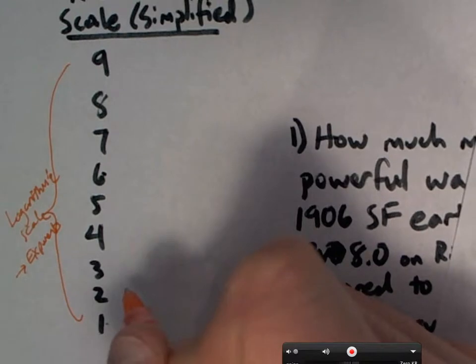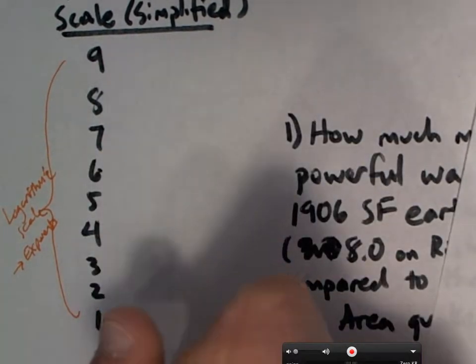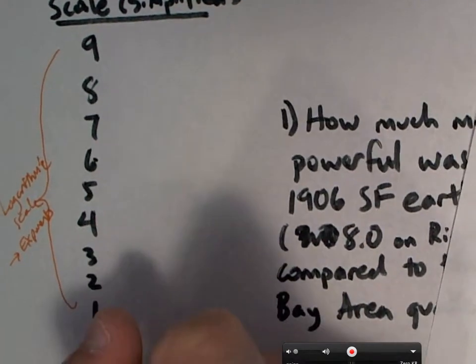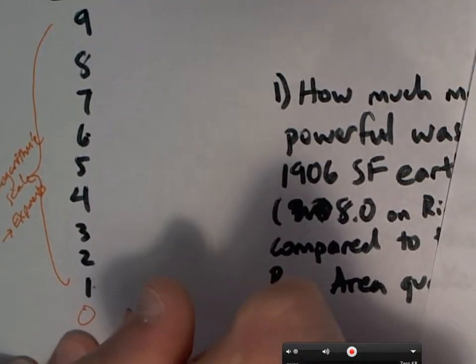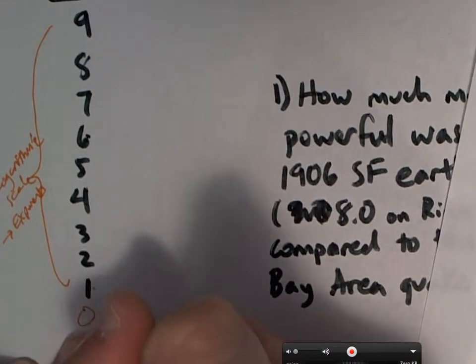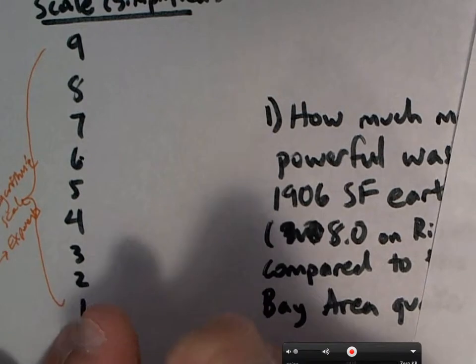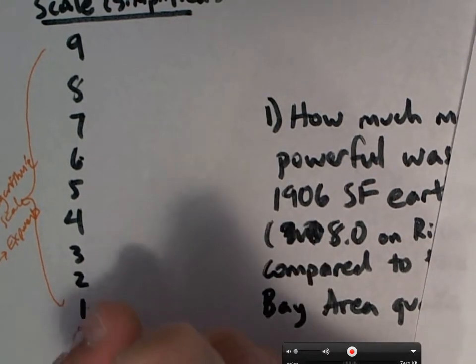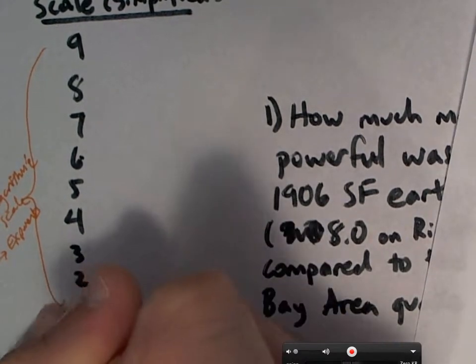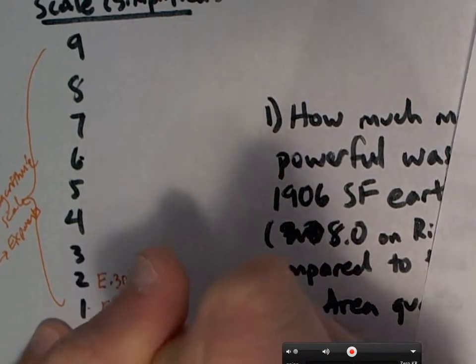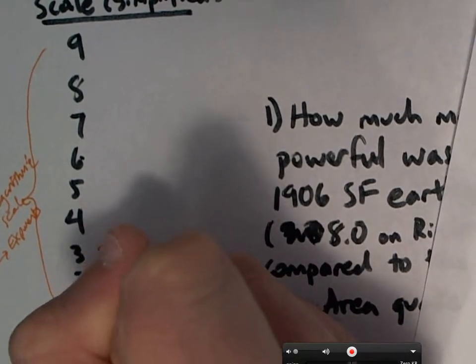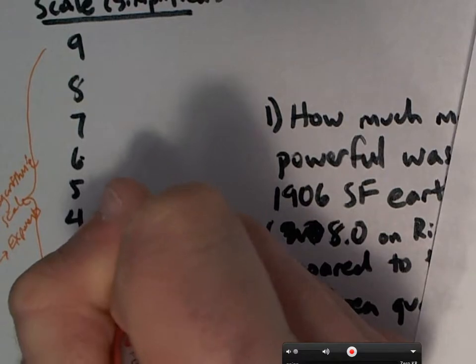Our book is slightly simplified in the way we describe this, but basically, at 0 on the Richter scale, we have just this energy constant E. 1 would be just E times 30. 2 would be E times 30 squared. Then E times 30 to the third, and 30 to the fourth.